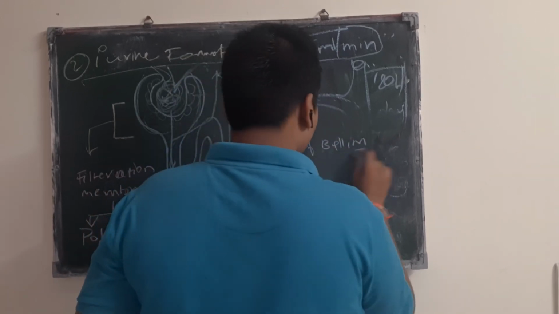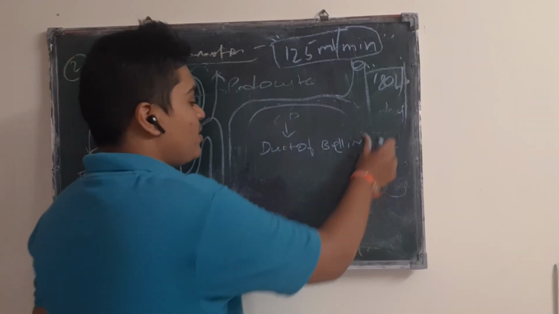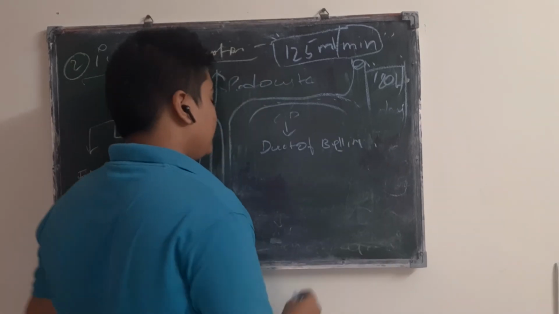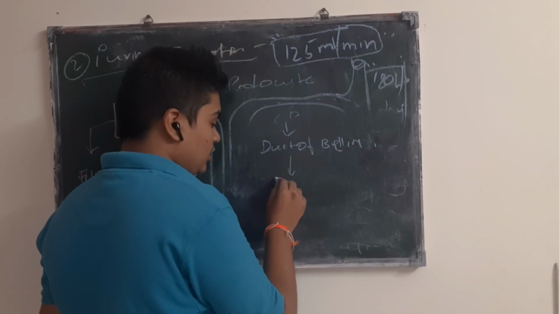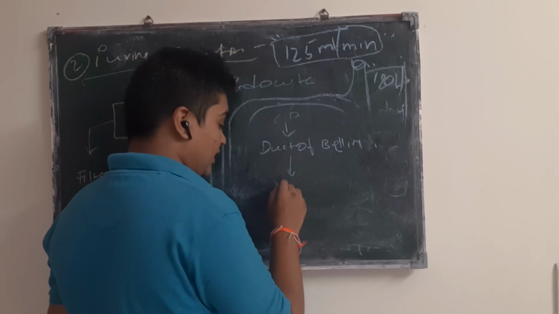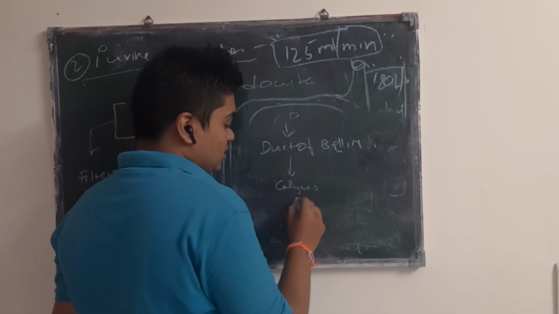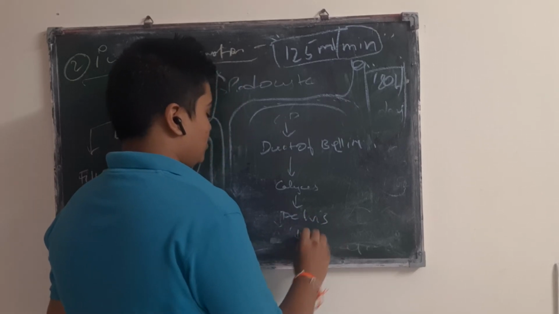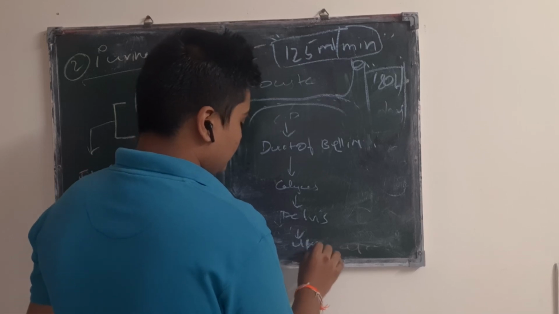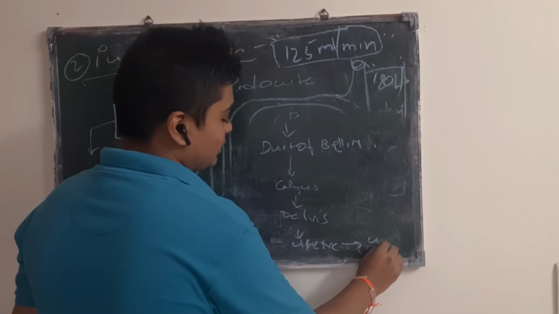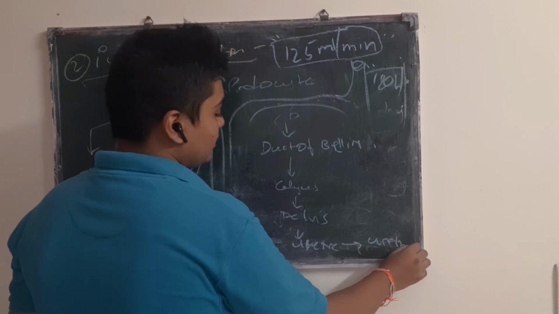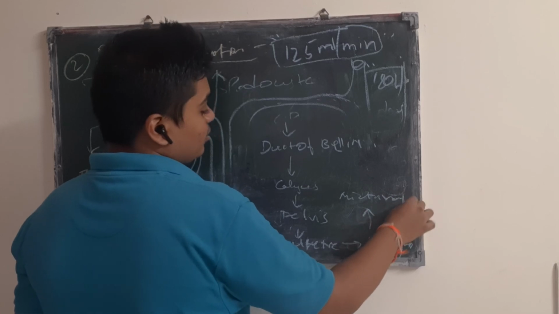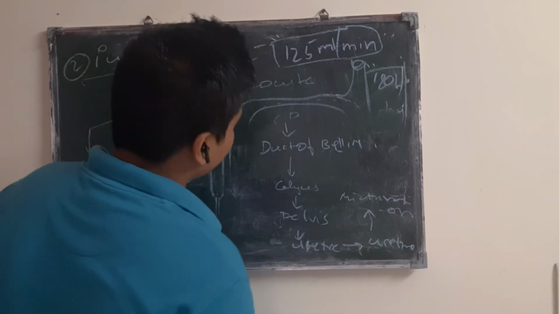I have already told you, please do not confuse columns of Bertini and duct of Bellini. This duct of Bellini, through the renal cavity, enters the calyces, from calyces to the renal pelvis, from the renal pelvis to the ureter, to the urethra, then micturition.